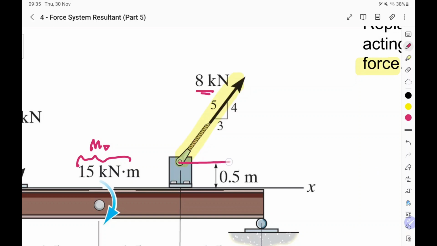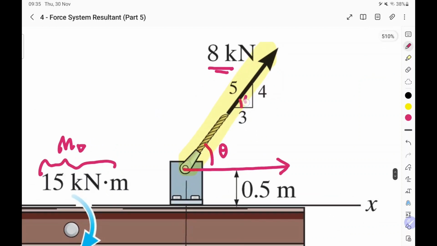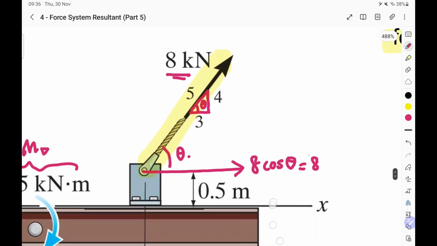let's say kita start dengan x dahulu. So magnitude of this 8 kN in the x direction, kita assume this angle to be theta. This theta samalah juga dengan theta kat segitiga kecil ni. So the magnitude would be 8, sebab dia sebelah dengan theta ni, it would be cos theta. Cos theta in reference to this segitiga kecil would be 3/5, sebelahan per tentangan.